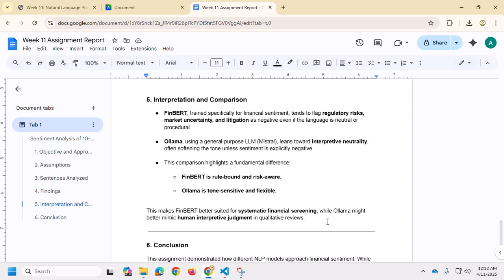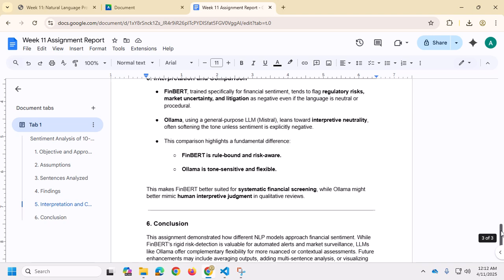So it doesn't necessarily mean that FinBERT is better in accuracy than Ollama is. It just depends on the situation. I would probably side more with Ollama rather than FinBERT, but in certain cases, if you're really risk averse or risk aware, FinBERT might be the better way to go.